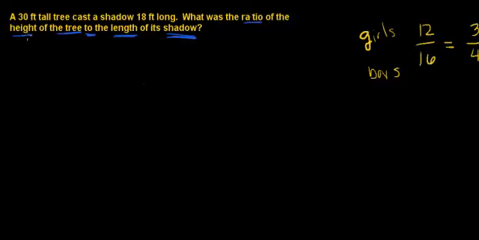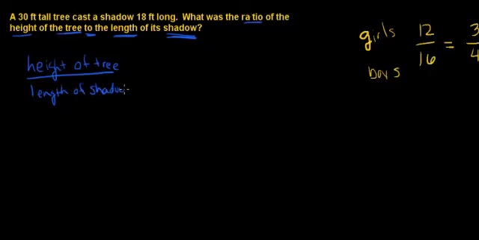So we need to find the height of the tree, and we're going to express that as a ratio to the length of the shadow. So if we go in here and look, the height of the tree, 30 feet tall, and the shadow is 18 feet.